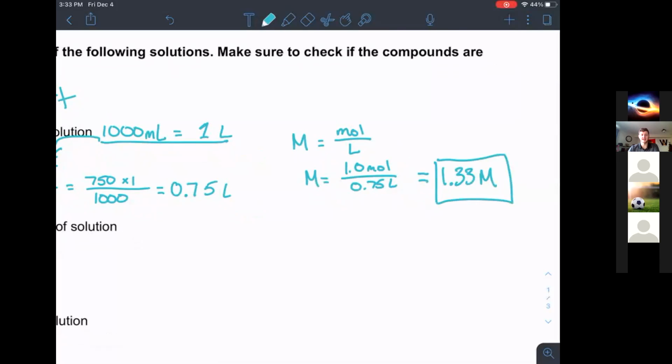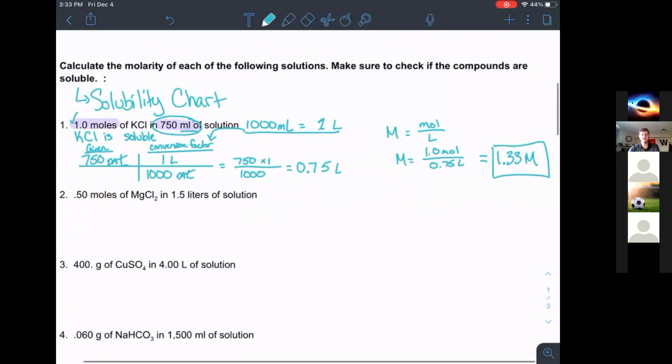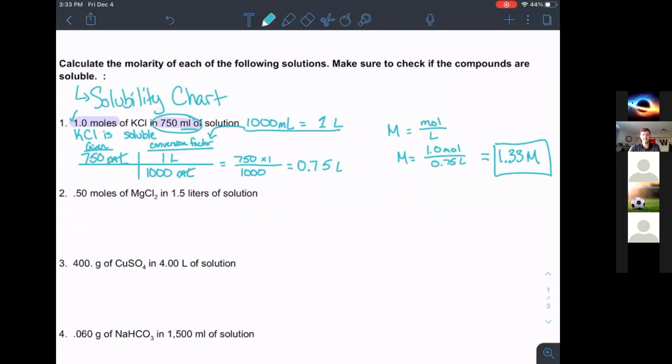Then we just have to check our significant figures. How many significant figures should we have for this problem? Three.